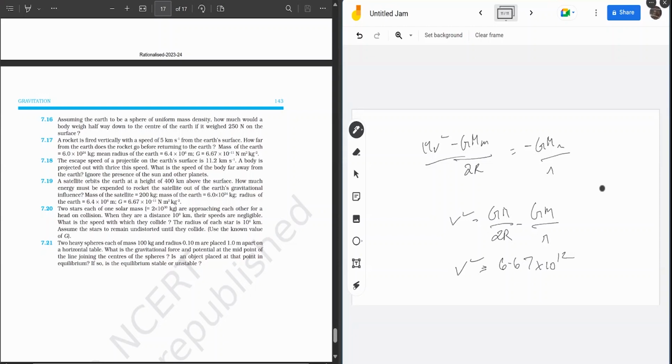So V will become 2.58 into 10 to the power of 6 meters per second. That is our answer.